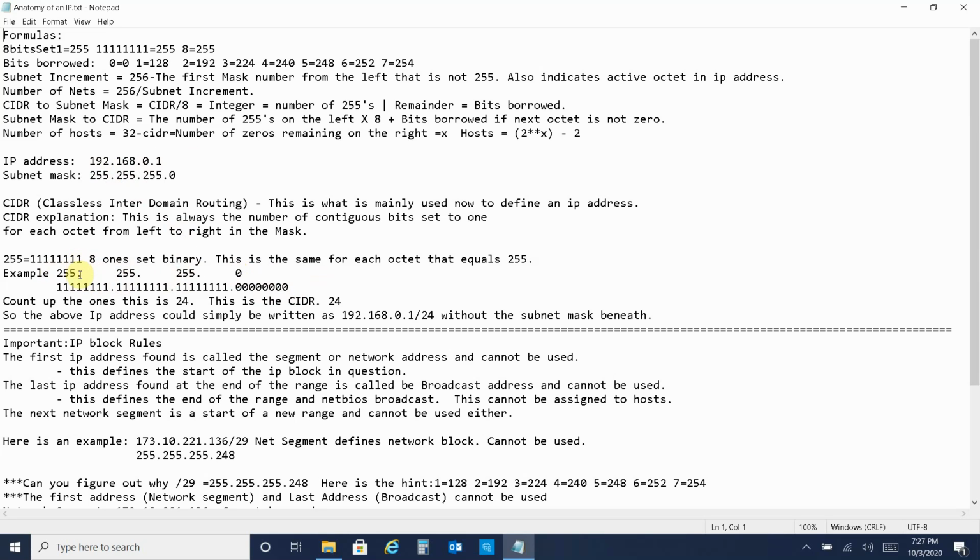So if you have a 255, and then a 0 here, a 0 here, and a 0 here, that would be a classful address because it ends with 0. If you just had one 255, that'd be a class A, and the rest would be 0. If you had two 255s, it's a class B, the rest would be 0. These are classful. If you had three, that's a class C, and the last is 0.